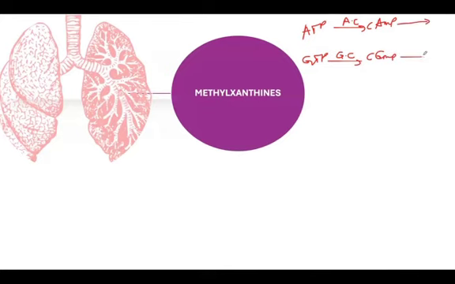Cyclic AMP and cyclic GMP, acted on by another enzyme called phosphodiesterase, will then be converted to AMP in the case of cyclic AMP, and GMP in the case of cyclic GMP. Now, cyclic AMP and GMP have the ability to cause bronchial smooth muscle relaxation.